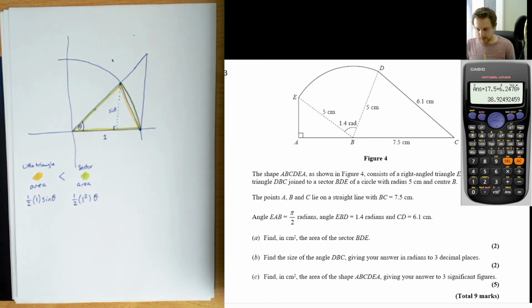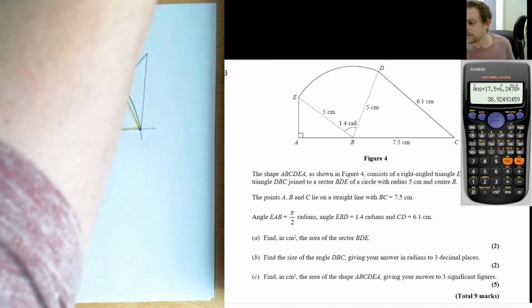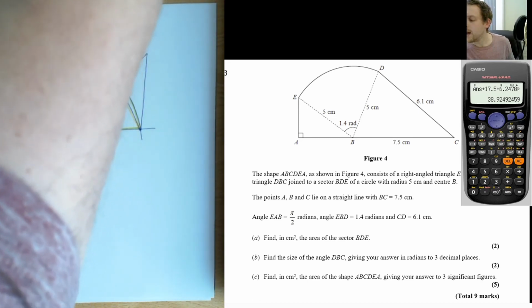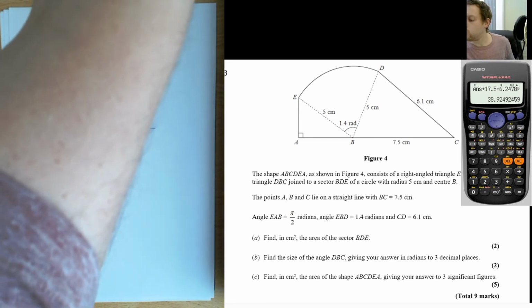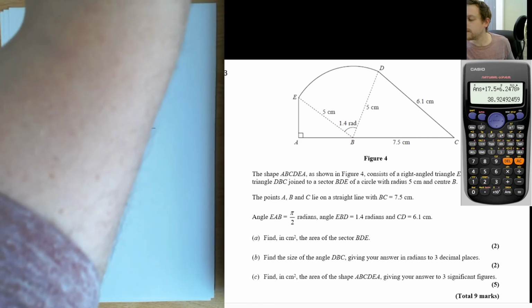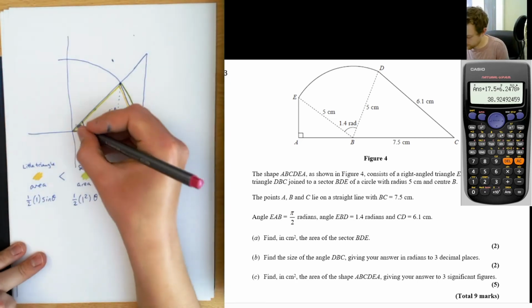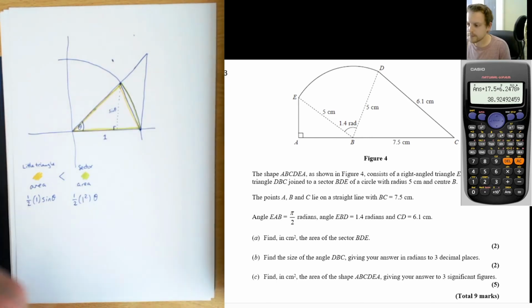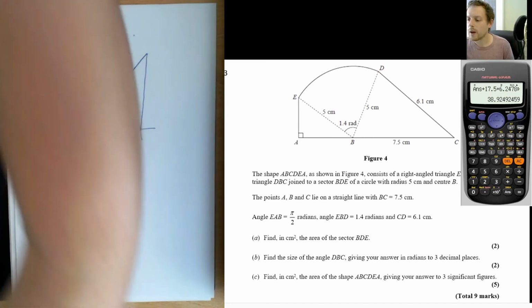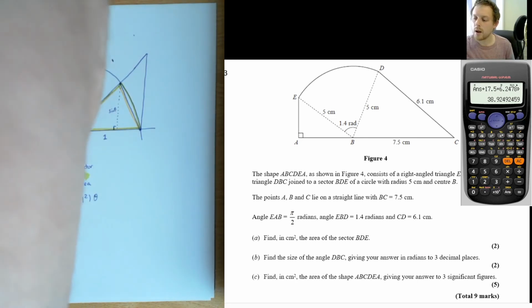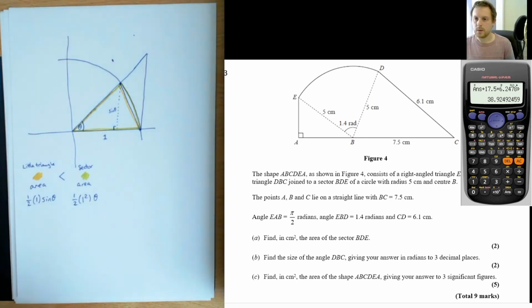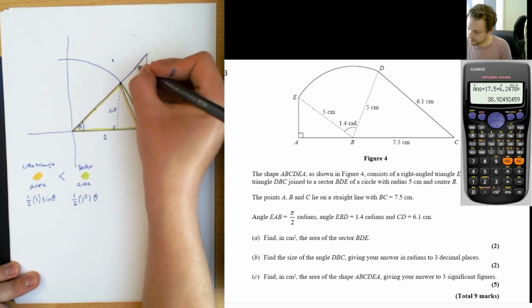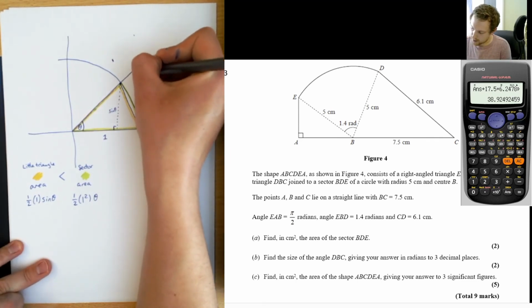And then last of all, let's use this. So the pink triangle is obviously got the biggest area of all, right?